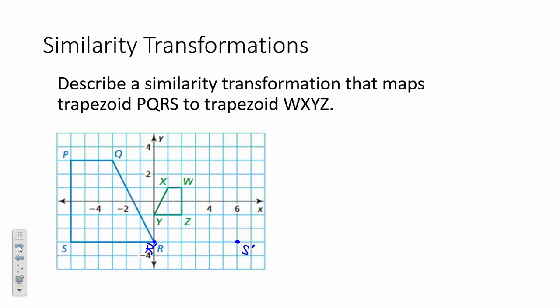So P prime will be over here. And then Q was at negative 3, 3. So where is it going? Positive 3, positive 3. So here's our Q prime. Okay, so that was a reflection across the y-axis.